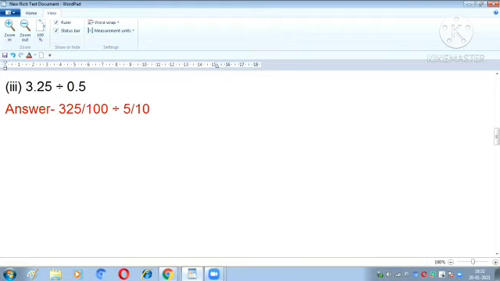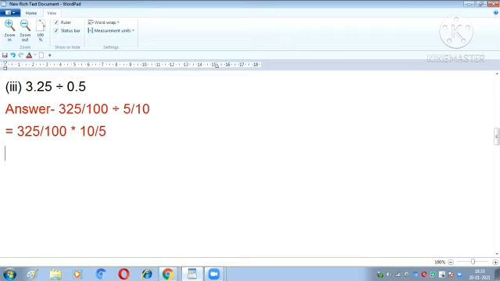Okay, 5 upon 10. So now this divide sign will change to multiply sign. So we'll write 325 upon 100 multiplied by, the reciprocal of 5 upon 10 is 10 upon 5. Okay.